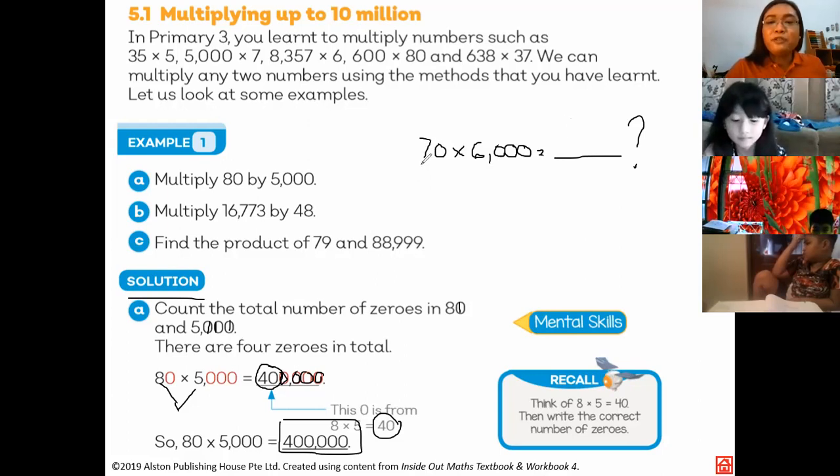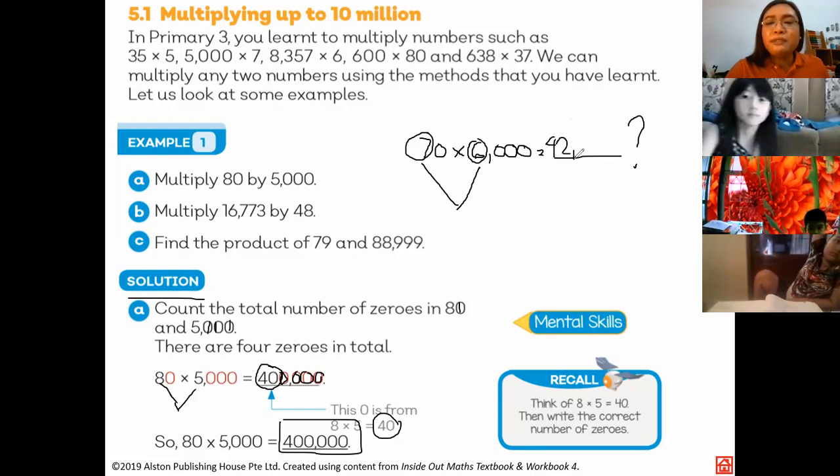All right, so first we will multiply 7 by 6. So what is 7 multiplied by 6? Class, 7 multiplied by 6. 42. Okay, that's 42.